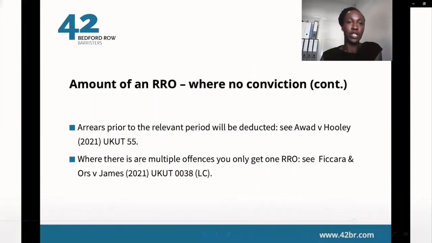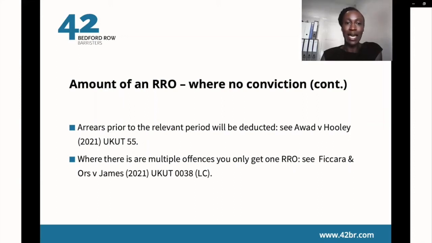Another consideration was and is, what if there are multiple offences? And if there are multiple offences, can you get more than one rent repayment order? And this was decided this year in the case of Vicara and James.